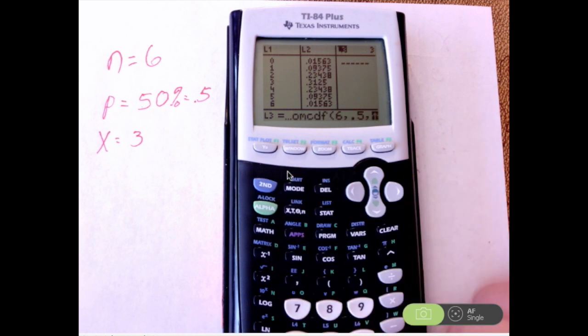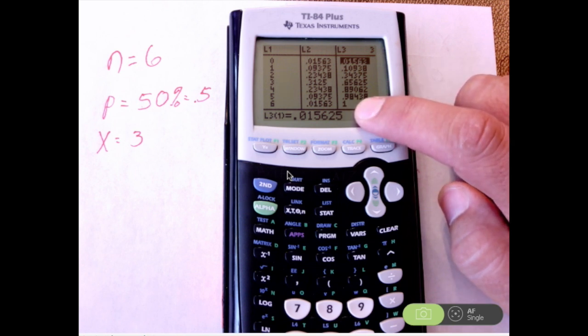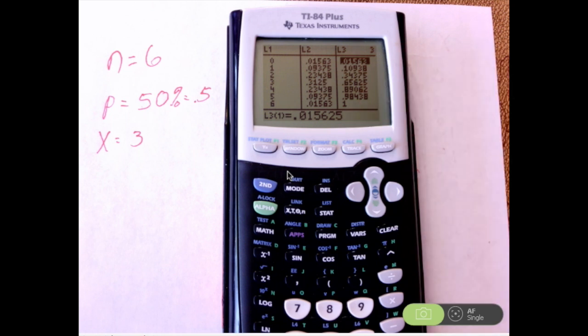I still want to put L1 because that's where my outcomes are. Close my parentheses. And again, it puts in the cumulative probability. Please go back to your notes if you need to know why that's 1. That should be absolutely expected. And that's how we use our TI-84 calculators when dealing with binomial probabilities.